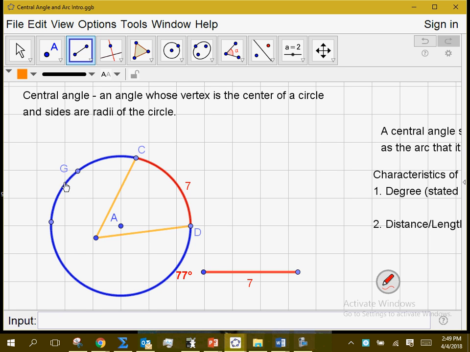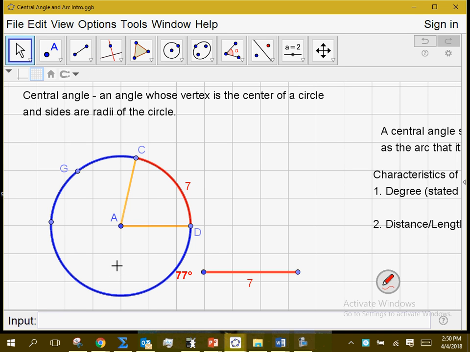Even though it's in the circle, we'll talk about this angle at some point, or angles like it, but that is not a central angle because the vertex is not the center of the circle. Does that make sense? For the exact same reason, that is not a central angle. It's not a central angle until the vertex is the center of the circle. That then would be a central angle.